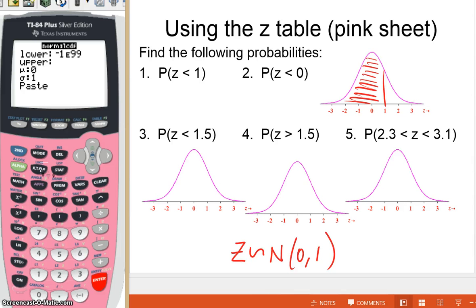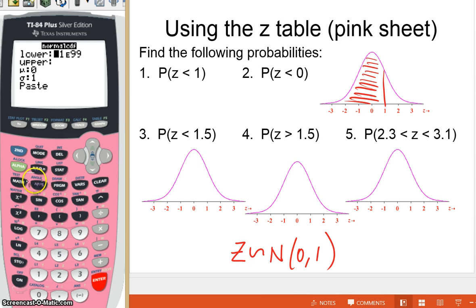Your calculator may look like this. If it's not the latest operating system, it'll look a little bit different, and I'll talk about that in a second. If it looks like mine, you're going to put in your lower bound. Mine is automatically set to -1 times 10 to the -99th. What that is essentially is negative infinity.